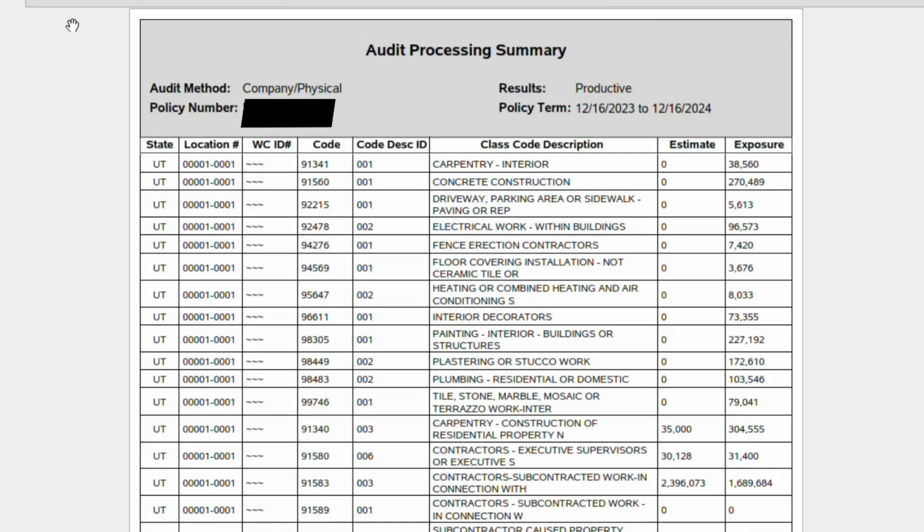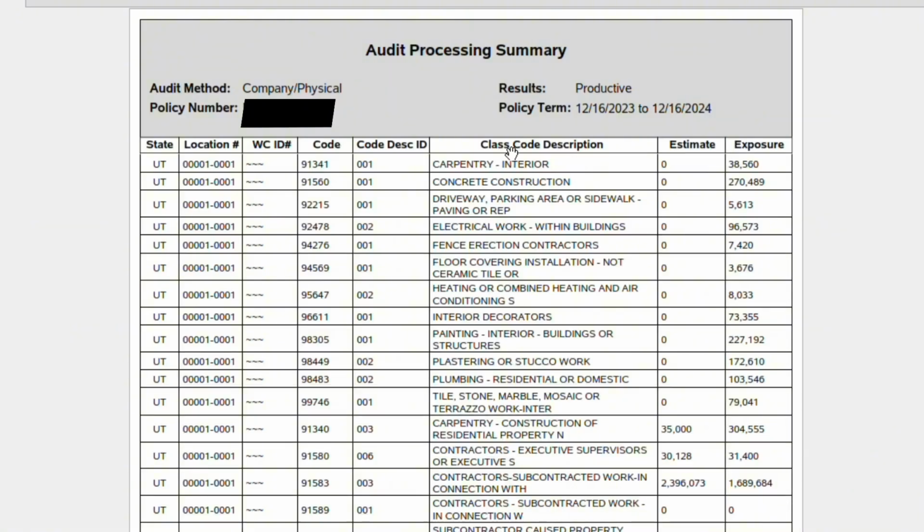So let's take a look at an audit that happened. Now, for simplifying purposes, we've just got the results. I didn't want to go through this thing 17 pages long. But what happened was this home builder had subbed out work for all these different class code descriptions. You can see there's things on here like concrete construction, fence erection, electrical, interior decorators.